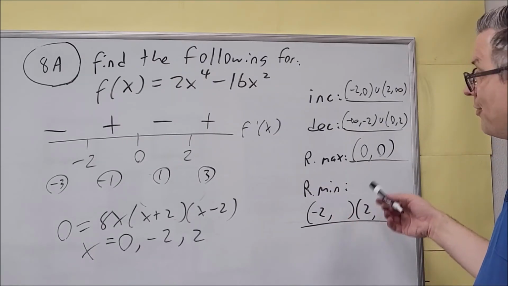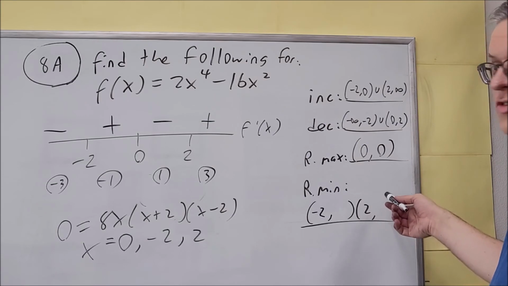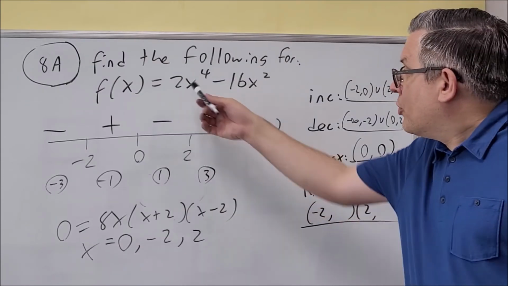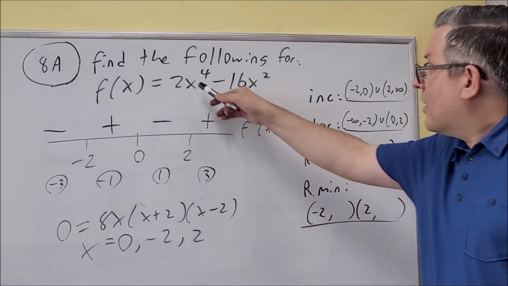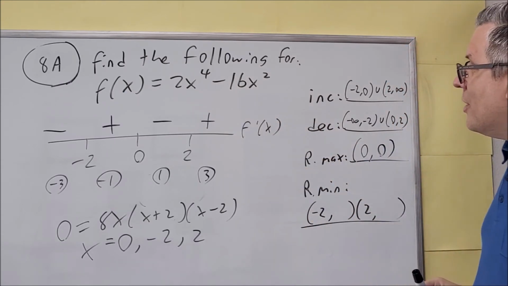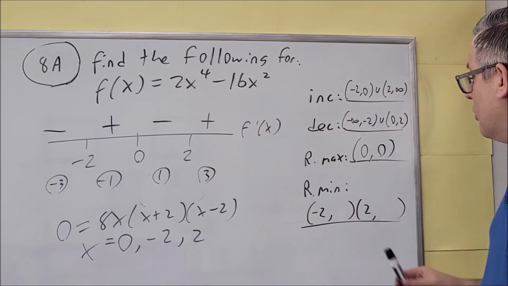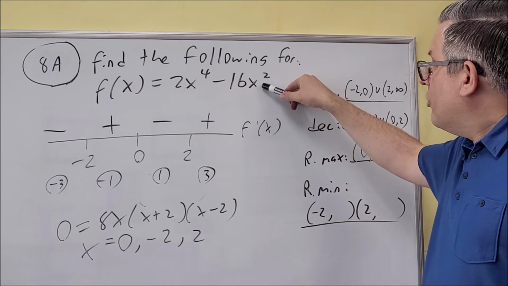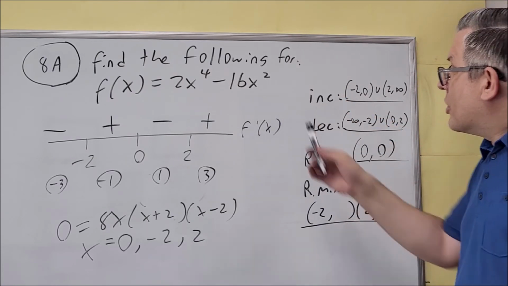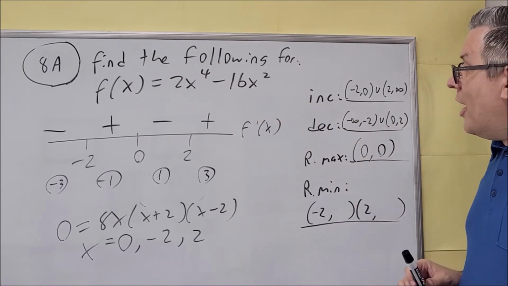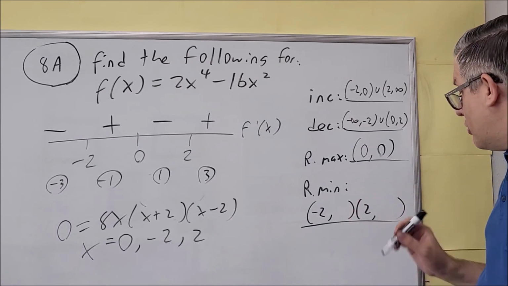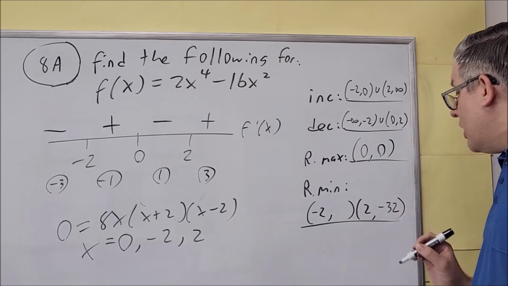So if I put, for instance, I'll just explain one of these for you so you can see how it works. If you put 2 in there, that's going to be 2 times 16. So it's going to give you 32. And then here you have minus 16 times 4. So you have positive 32 minus 32. So you're going to get negative 32 here.